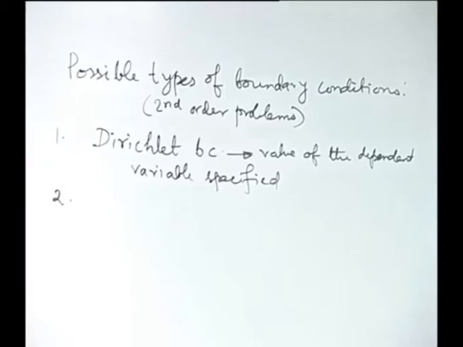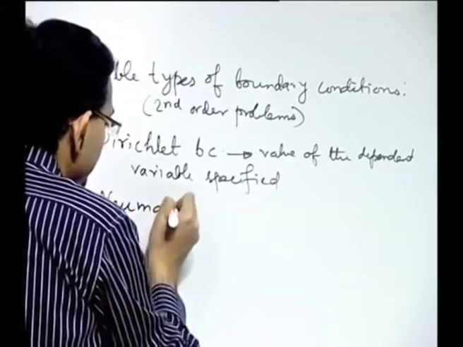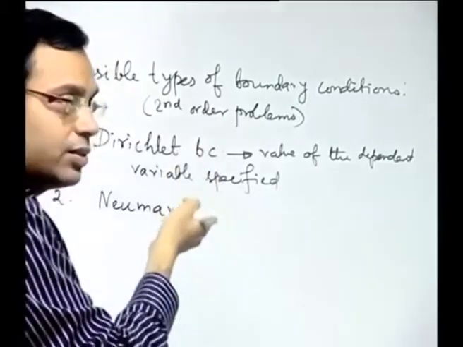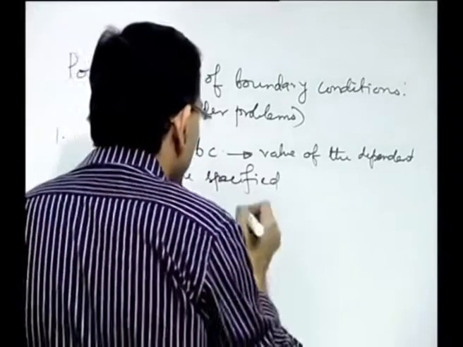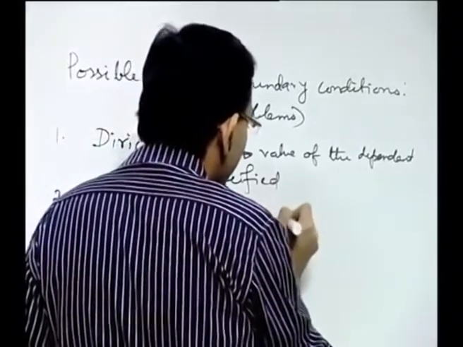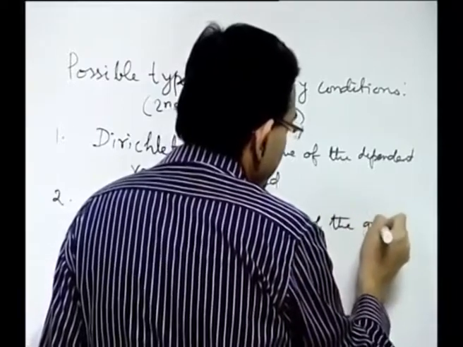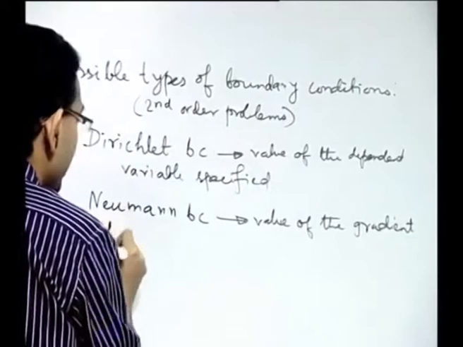Then the natural boundary condition is termed as the Neumann boundary condition. Of course, these are to honor the names of the mathematicians who contributed a lot towards understanding these concepts. Neumann boundary condition means value of the gradient of the dependent variable is specified.